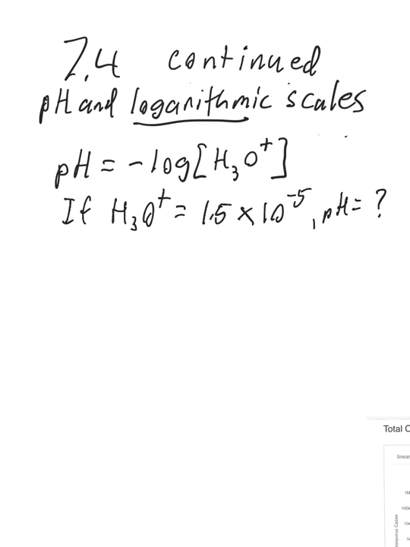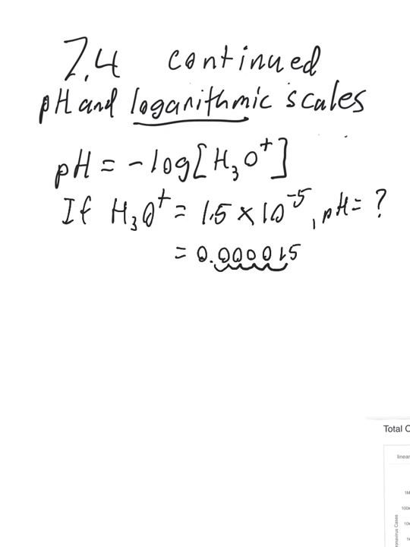If we were to write out this 1.5 times 10 to the negative fifth longhand, that would be 0.00015. That exponent minus 5 is telling you that you're going 5 places to the right. So a negative exponent on your 10 means a very small number. The bigger that exponent is negatively, the smaller the number.